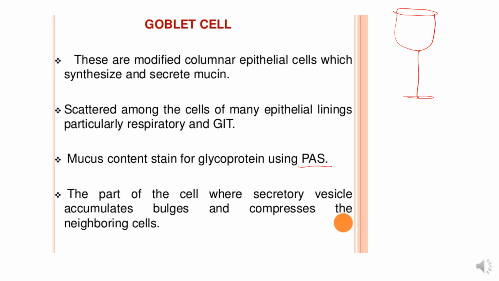Now these goblet cells, how they appear: their apical surface is full of mucin, like this, full of secretion, the mucus.